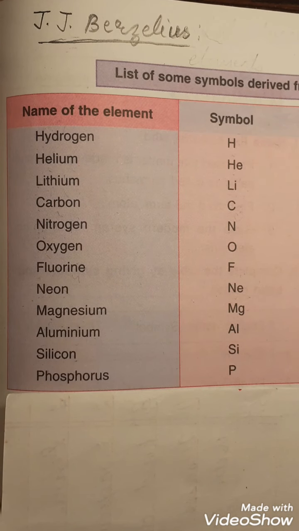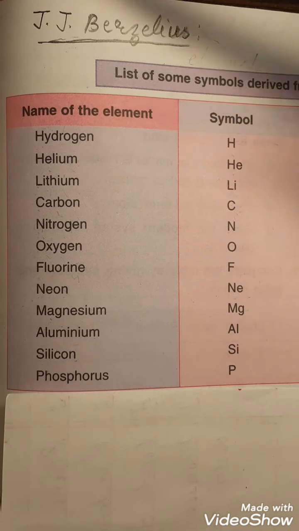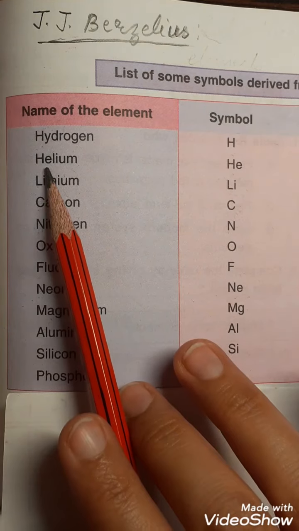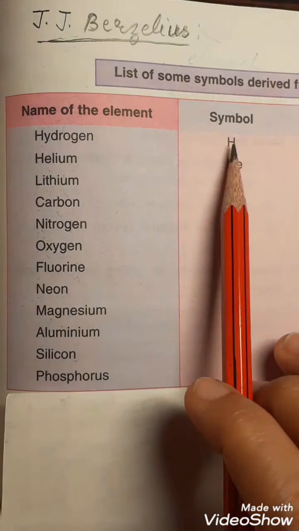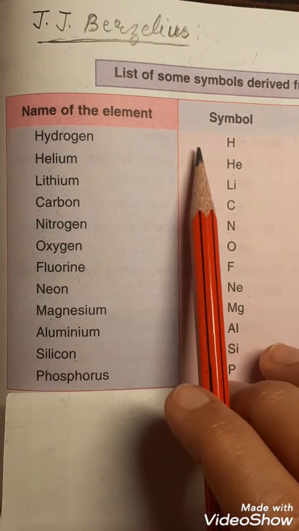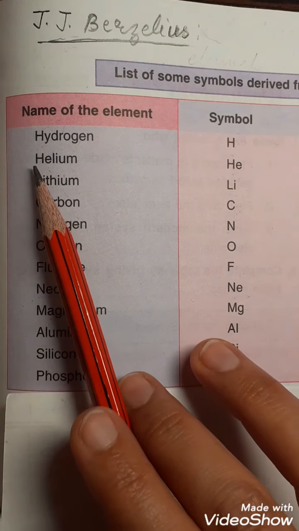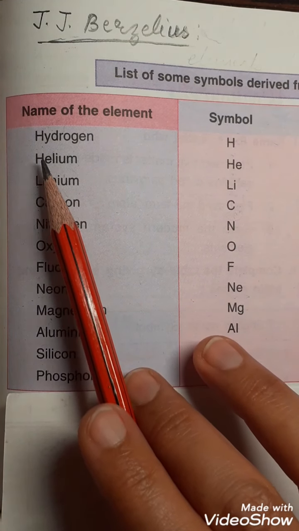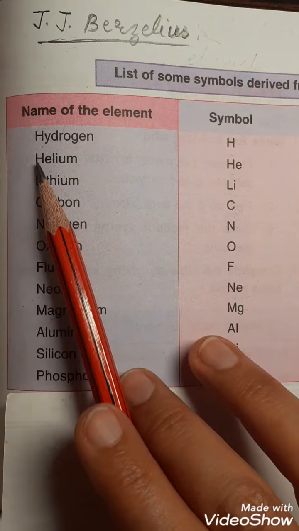The second rule which he suggested was some elements were named on the basis of their first two letters when the first letter was already chosen. Look here, helium, the first letter H is already selected for the hydrogen element. So we have to take the other letter as well, that is E. So first two, He.